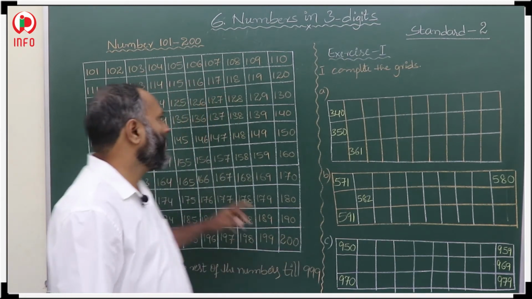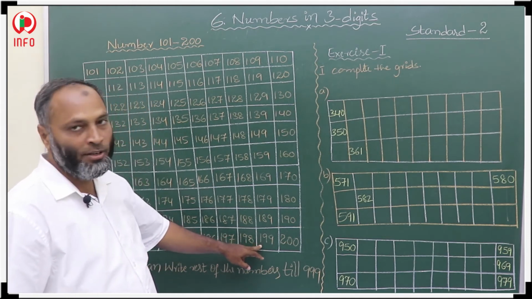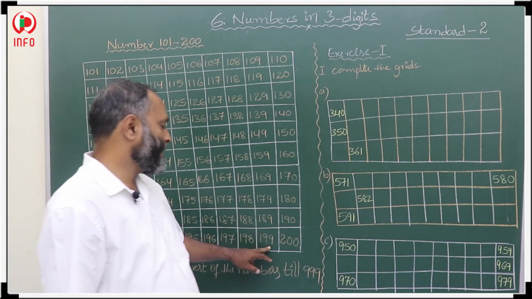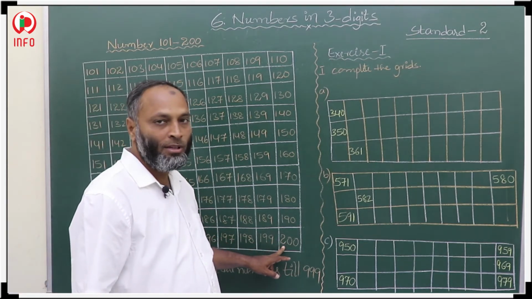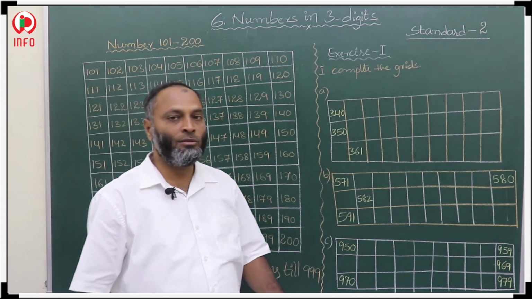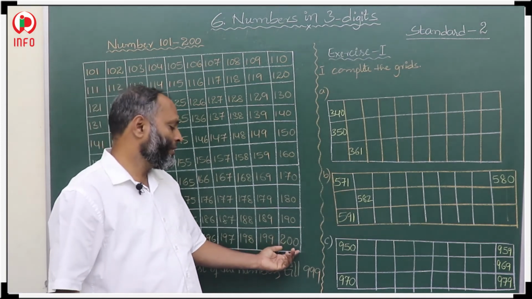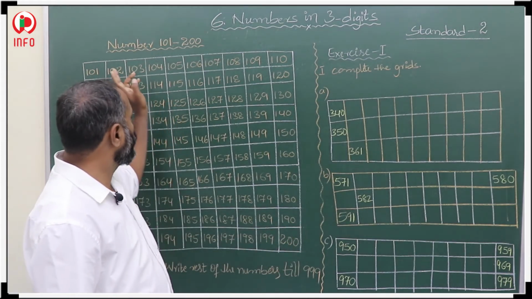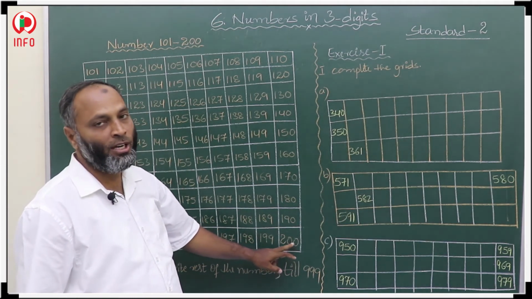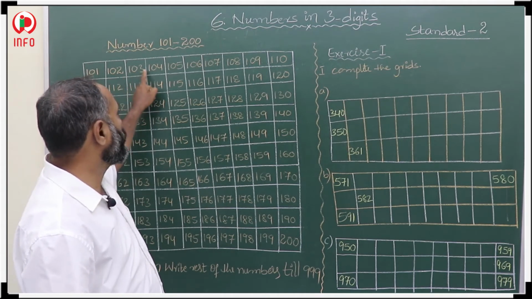So from 1 to 99 we write in the ones and tens places, with 1 in the hundreds place. After 99, you write 2 in the hundreds place, and keep 0 0 in tens and ones. That is 200. The method is the same for 200 to 299: 201, 202, 203, the same.